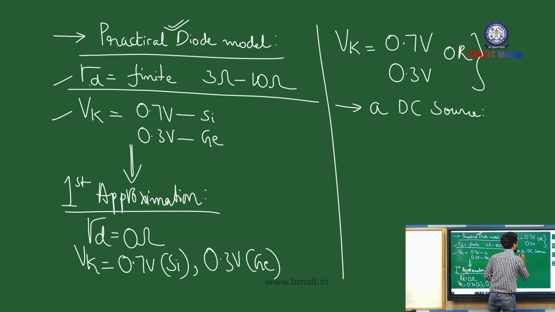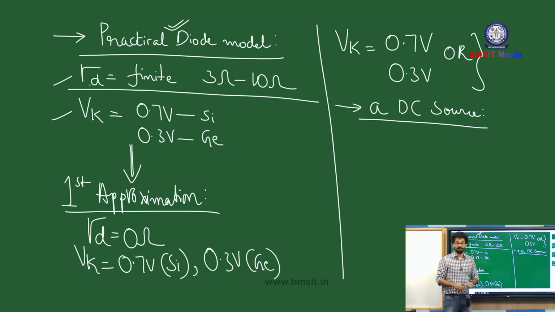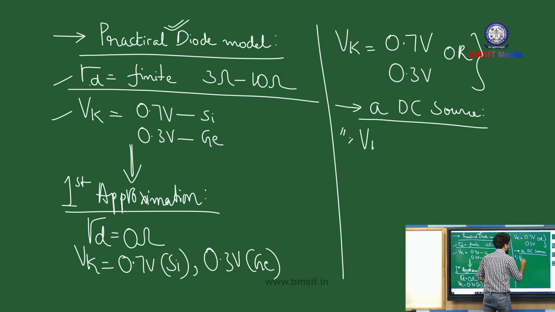Why a DC source? Because the potential remains the same. So with respect to time, the magnitude of the voltage remains constant. And also you must remember that Vk is the barrier potential, and the function of the barrier potential is to oppose the diode conduction.